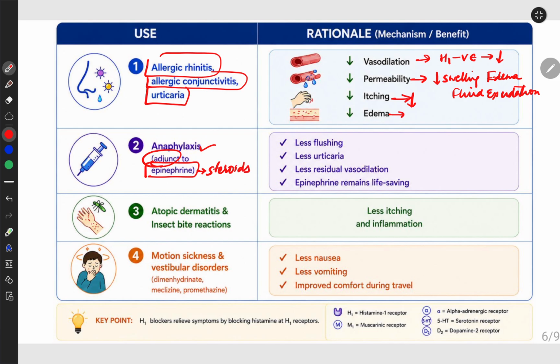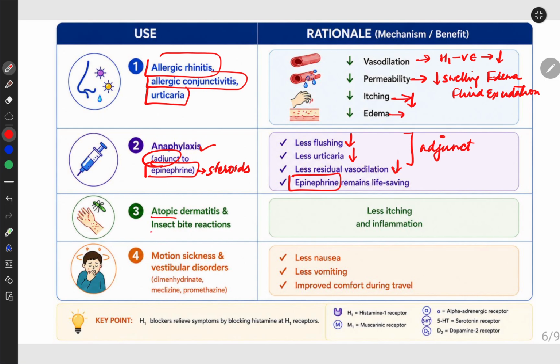But antihistamines have an adjunct role. So when you give antihistamines, they lead to less flushing, less urticaria, less residual vasodilation, and thereby act as an adjunct, while epinephrine remains the life-saving therapy.